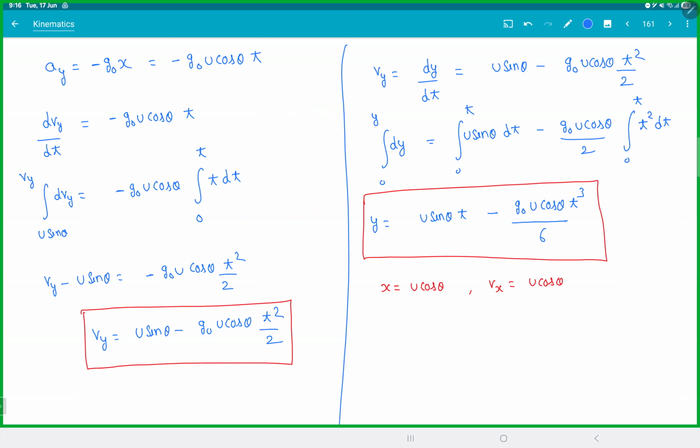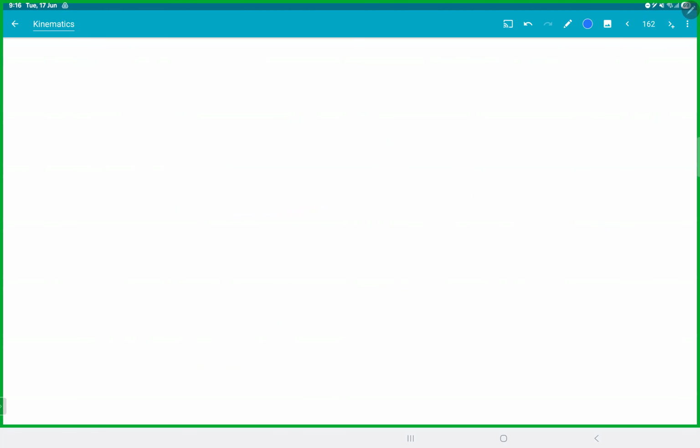How do you find range from here? Tell me one thing. When you say range, this particle here will fly, it will go in some weird path, it will not be a parabola, it will land somewhere here. So when it lands on the ground, what is the y coordinate? 0, right? That means when y coordinate is 0, the time will be the time of flight.